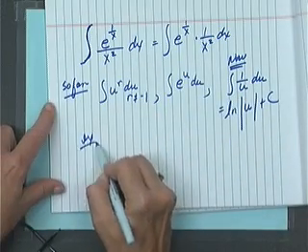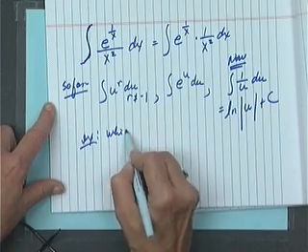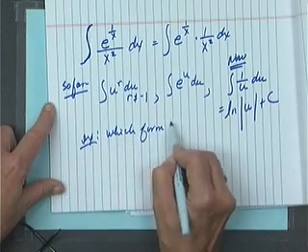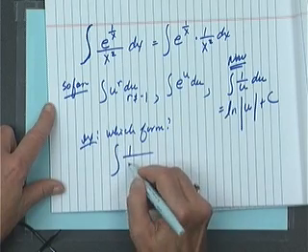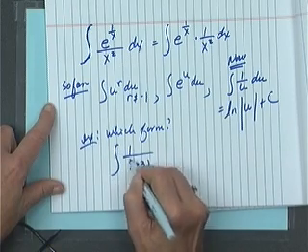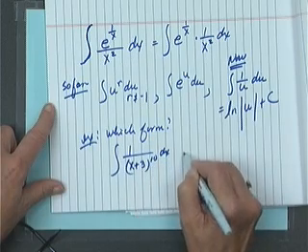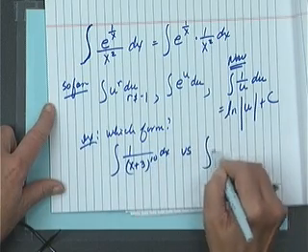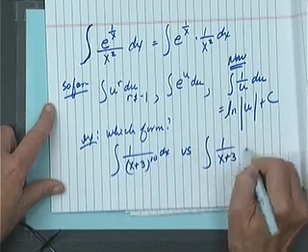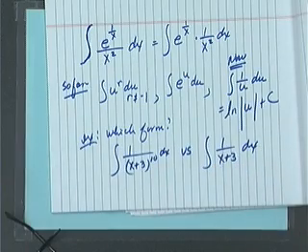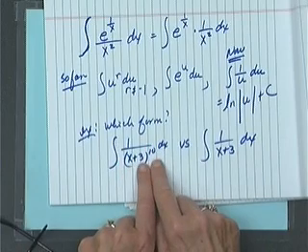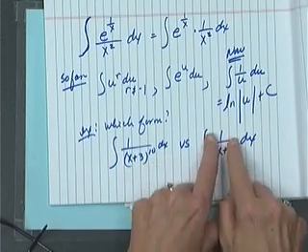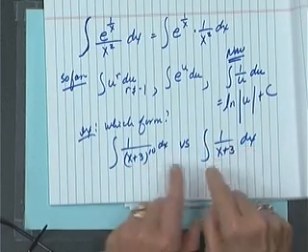For example, the game, which form: if I had the problem 1 over x plus 3 to the 10th dx versus the form 1 over x plus 3 dx.